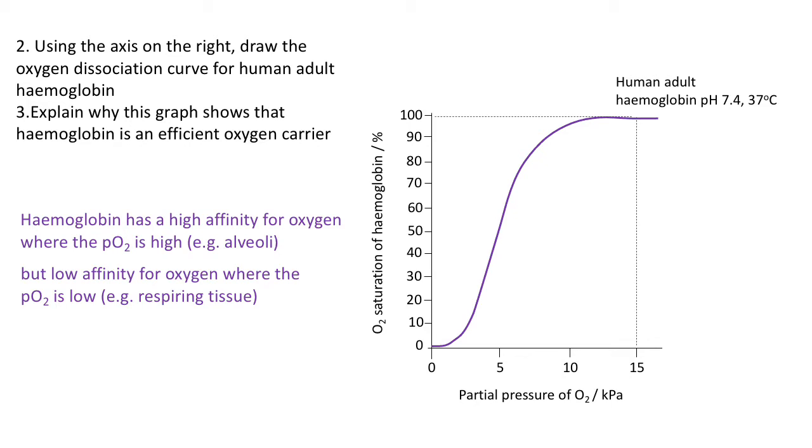But then when the partial pressure of oxygen is low, so let's look at around 3 kilopascals partial pressure of oxygen, we can see that most of the oxygen is dissociated from hemoglobin. So there's only about 11% there. This is a really important characteristic. So it's really important to understand this relationship between partial pressure of oxygen and saturation of hemoglobin with oxygen.